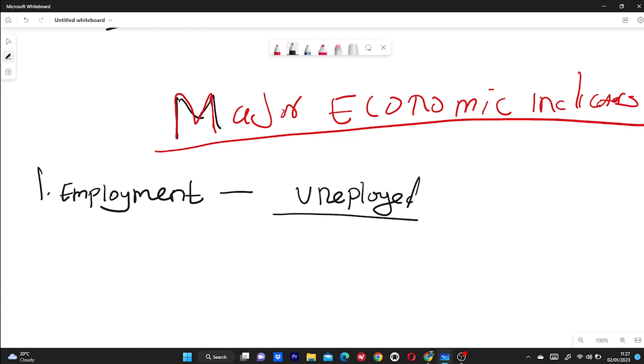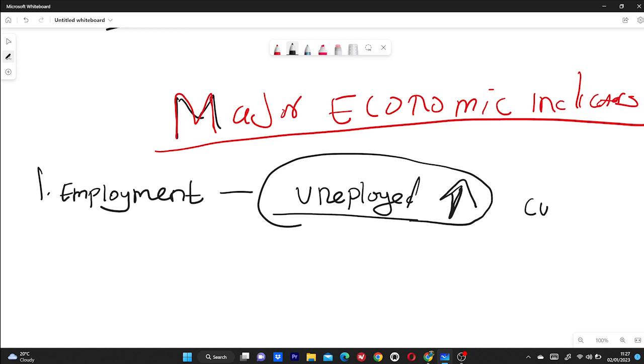When we have so many people who are unemployed, we expect the currency to fall. When unemployment goes high, what we expect is the value of the currency to weaken.